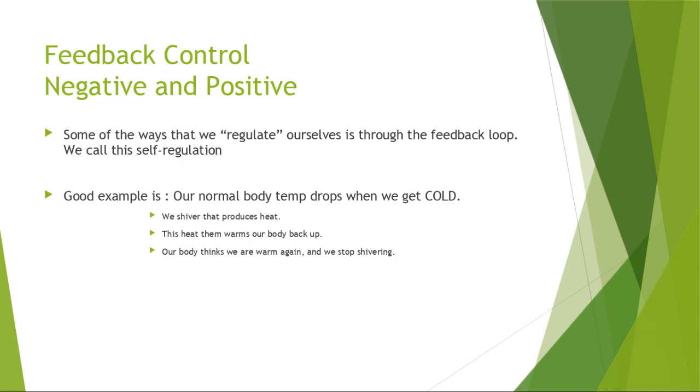Shivering is a way that we can make heat, and it helps us to warm back up. Once our body is back to where it needs to be, we'll stop shivering. Or when we put on clothes or blankets, we stop shivering. So that is a way that we can help self-regulate our body.